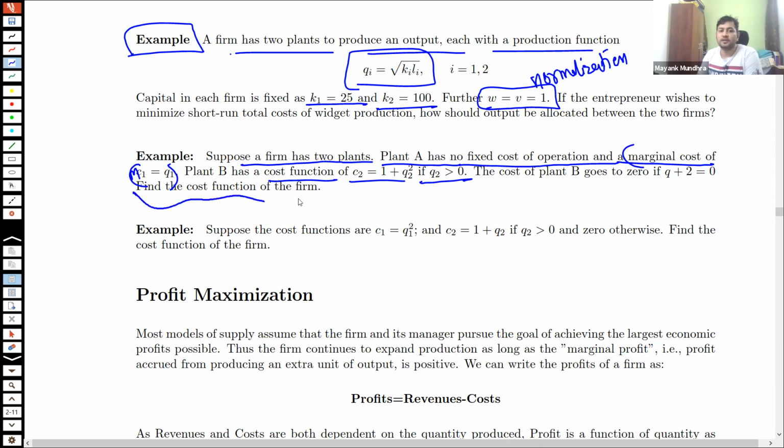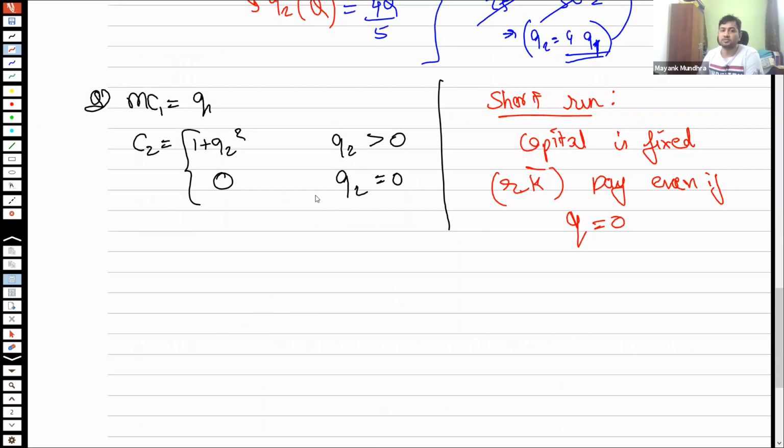So find the cost function of the firm. That is what I'm interested in. Now, first of all, MC2, if Q2 is greater than 0, obviously, because if Q2 is 0, then there is no cost itself. For Q2 greater than 0, MC2 will be equal to 2Q2. Right?